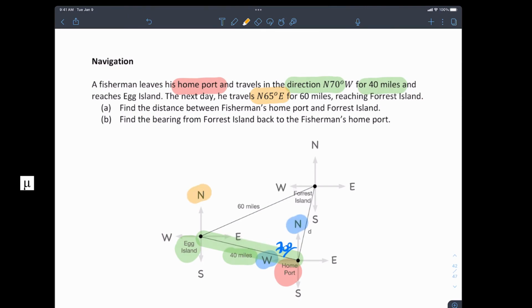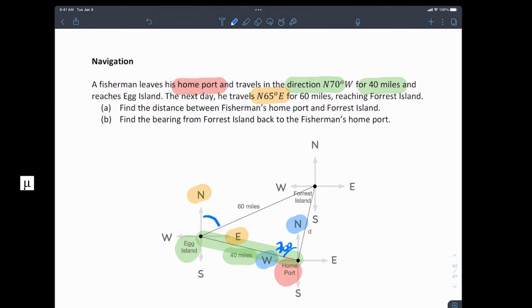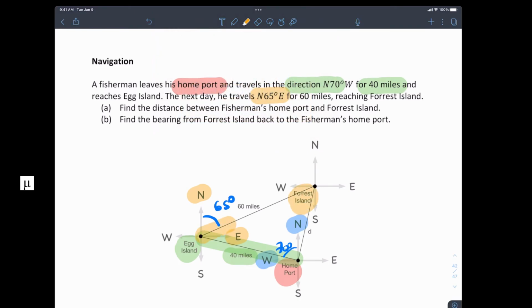So you say, where is that? Well, north, east, 65. Here's what we know, that this should equal here, 65 degrees. Okay. And where is he going? To Forest Island. And that was for 60 miles.